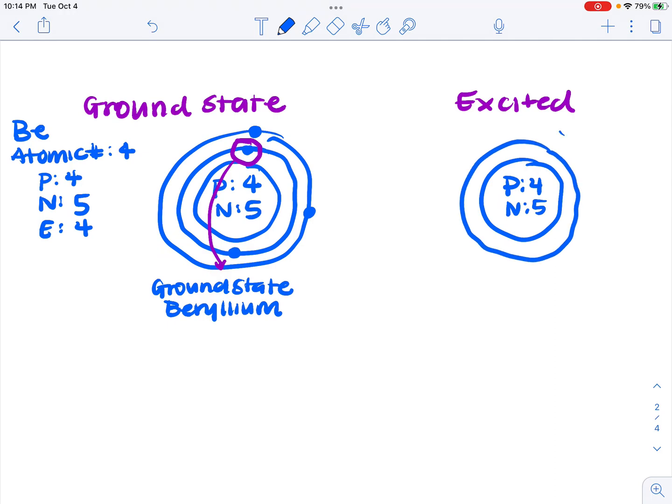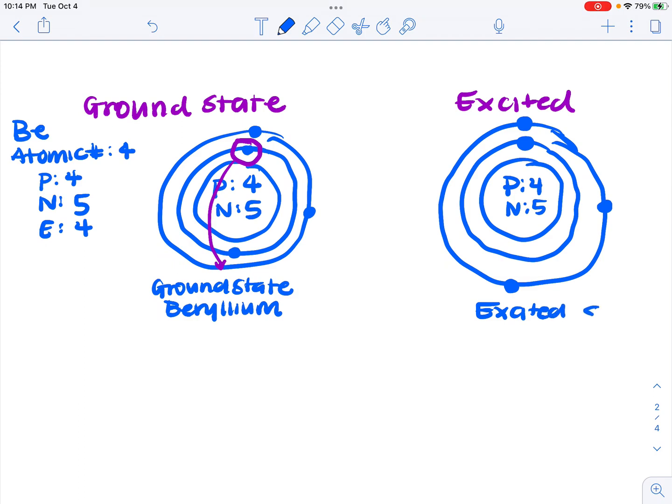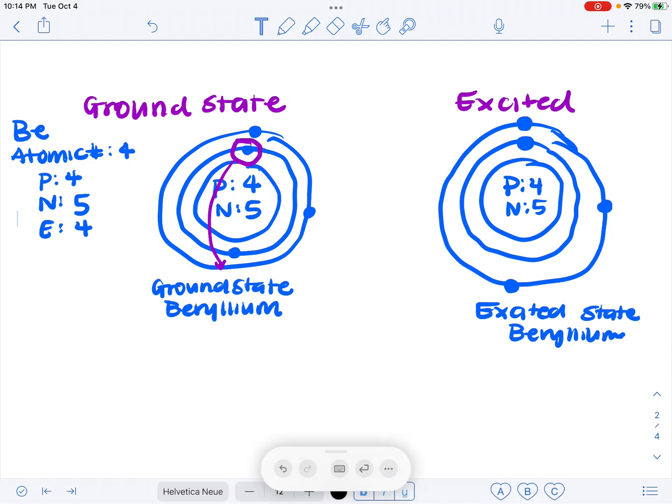We just changed the arrangement of electrons for a second, we maybe applied some heat to it. Who knows what we did? But we excited this beryllium atom. So now we only have one electron in the first energy level, and we have 3 in the second energy level.